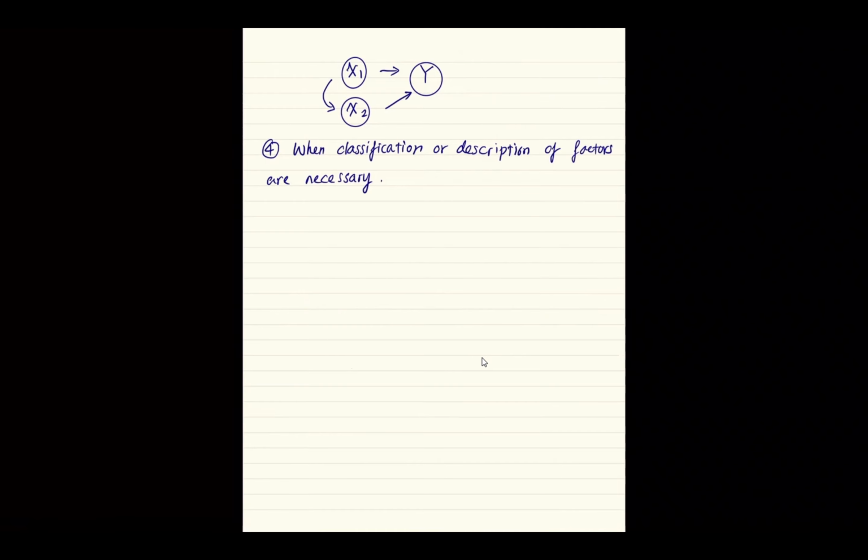Again, some of them will be very straightforward, like price is definitely an economic factor. Gender is definitely a demographic or sociology factor. However, there are certain ones we cannot classify like that. For example, is occupation an economic factor or a demographic factor? So the identification of a factor may change according to different situations. So if you want to classify the factors into several groups, then factor analysis could also be very useful.